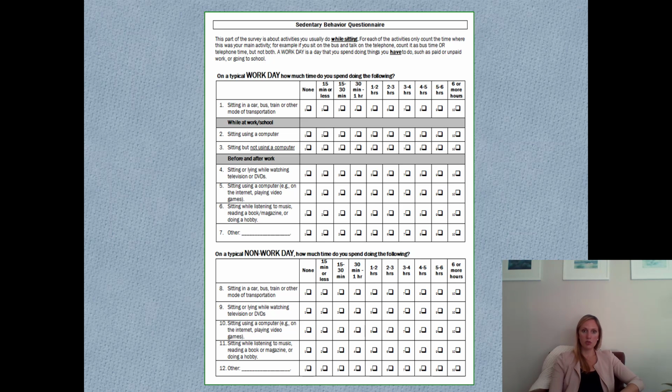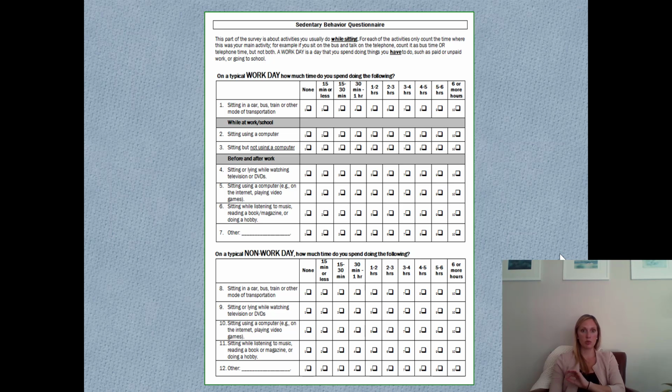I have a desk job, so chances are I'm spending most of my 9-hour workdays at my computer, but I don't know how many meetings I had or how many bathroom breaks I took or exactly how much variation there was. And then also this question asks on a typical workday. For me, I don't have a typical workday.